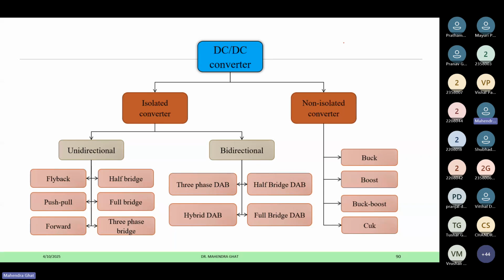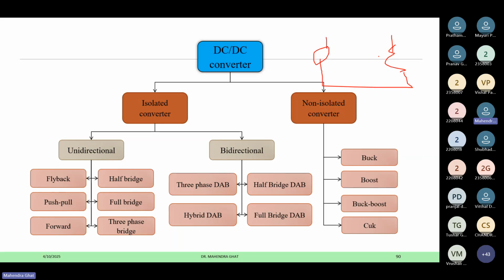Non-isolated means there is no isolation between the input and the output. If you see their ground or common path, the negative path is common for both, either positive or negative. In that case, it is called non-isolated.